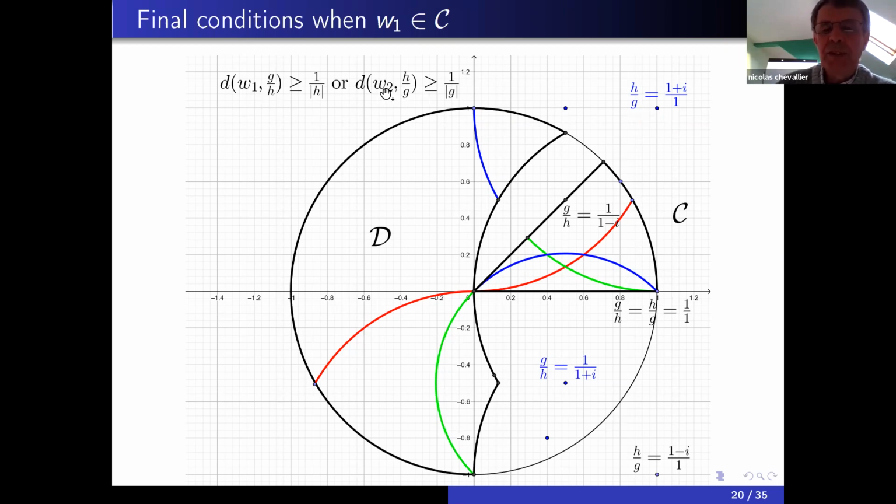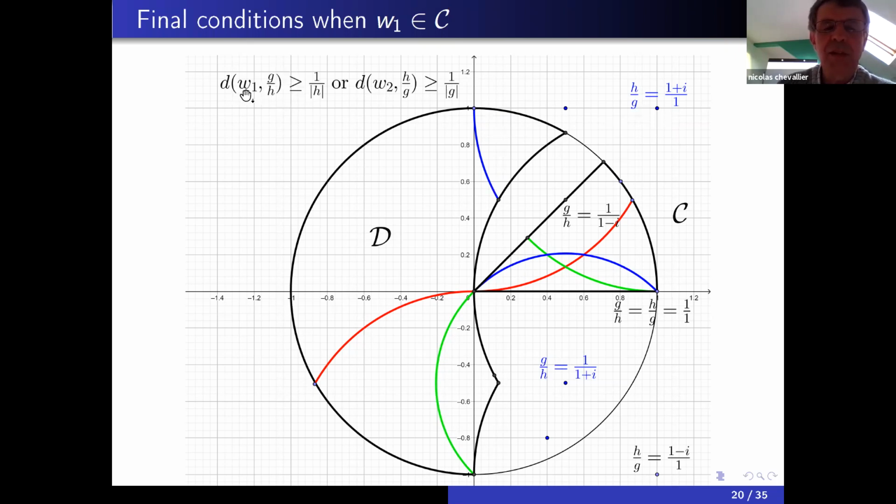If the distance of W2 to this point is smaller than 1 over 1, is smaller than 1, it means that W2 is in the disk defined by the blue circle here. So if W2 is in this region here, in the blue disk and also in D, then the other inequality here must be satisfied.